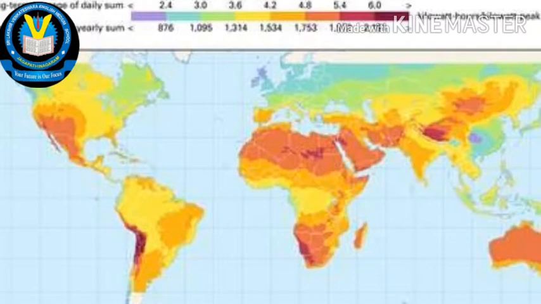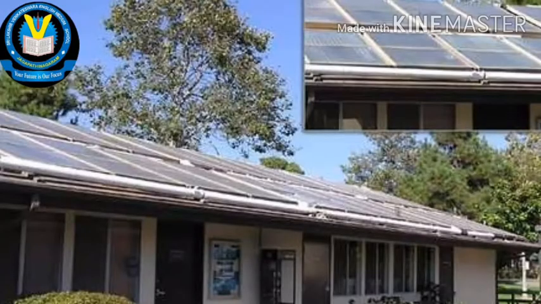And some of the solar rays are also absorbed or reflected by clouds and smoke or dust in the atmosphere. You would have noticed that on cloudy days it doesn't get very hot.